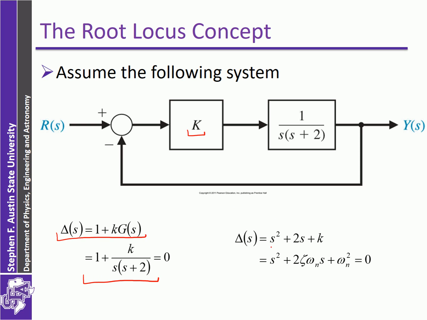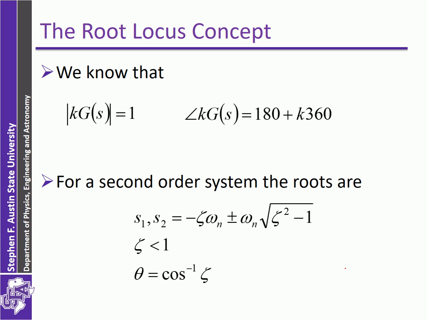Here it's placed as a polynomial, and we can see this is a second order polynomial. So we can find the roots of this polynomial fairly easily. Let's look at that really quick.